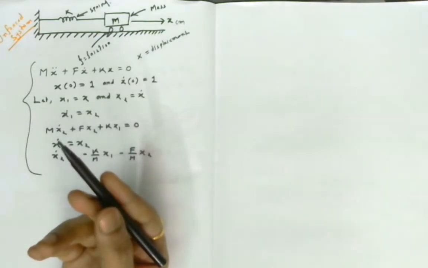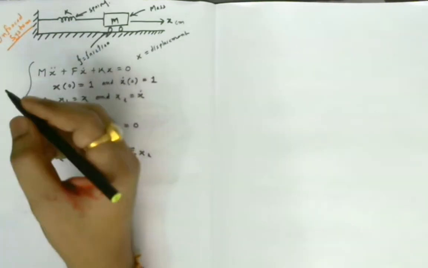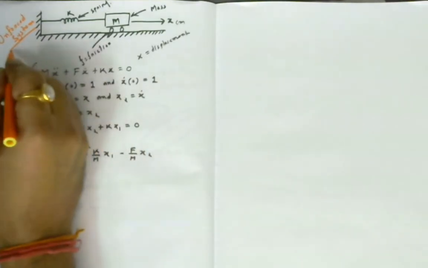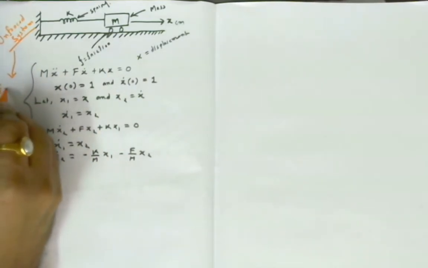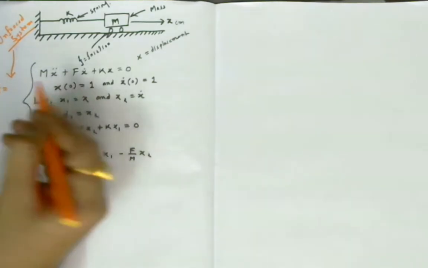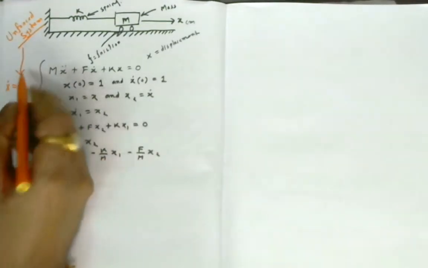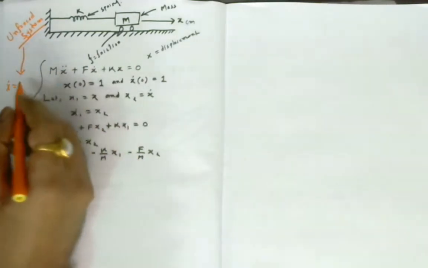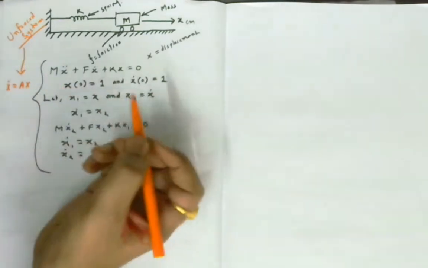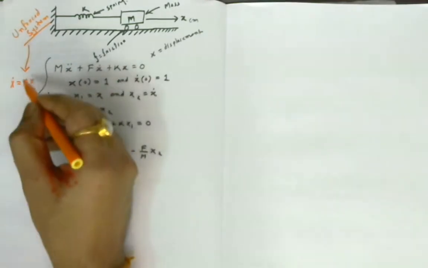So what is an unforced system in state space? We know that x dot equals Ax plus Bu. But for an unforced system there is no input, so only x dot equals Ax.